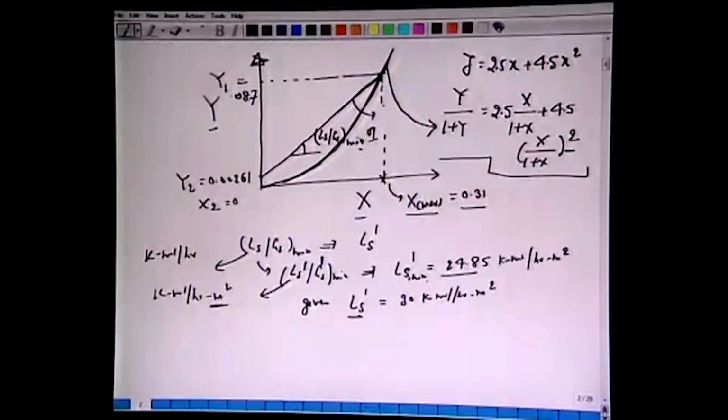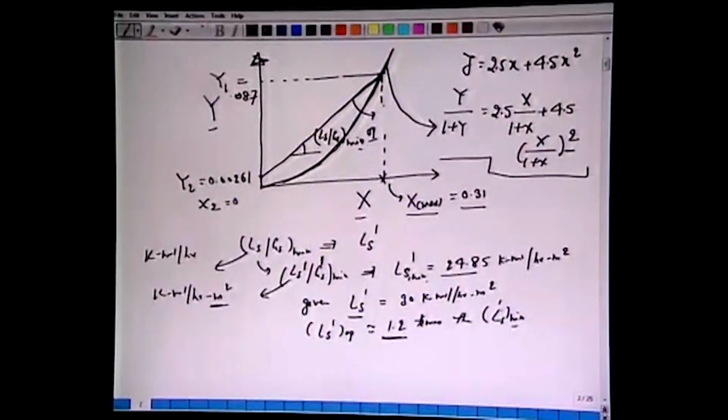Look at this difference: LS operating is approximately 1.2 times the LS minimum, or LS prime minimum. Most of the calculations in the earlier lectures we did at 1.5, but that's all right. Here in this problem the operating flow rate is 1.2 times the LS prime minimum.